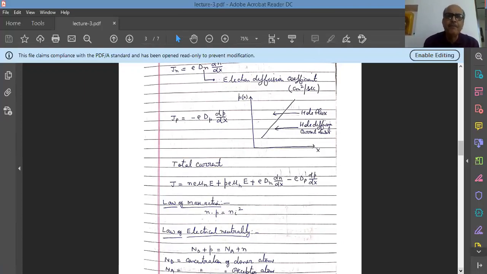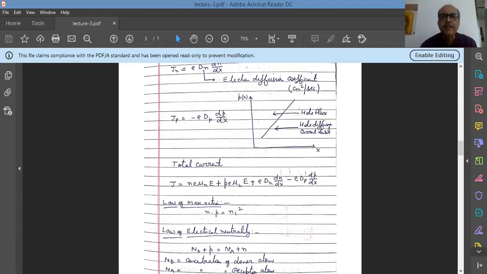In fact, if we have a P-type semiconductor, we can assume that P is much larger than N. Similarly, if we have an N-type semiconductor, we can assume that N is much larger than P. So we can ignore or neglect N or P depending on what type of semiconductor we are talking about. These are the two laws, law of mass action and the law of electrical neutrality.